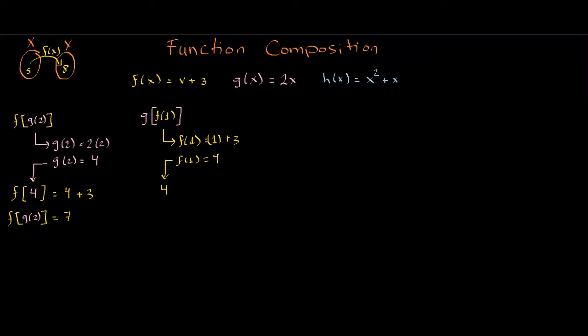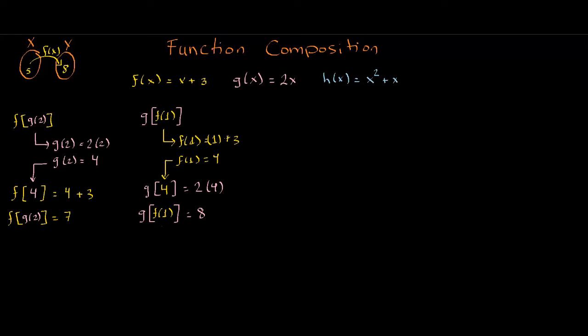So g of 4 will be 2 times 4, which is equal to 8. So in other words, g of f of 1 is equal to 8. I think these are a pretty good couple of examples for starting up.